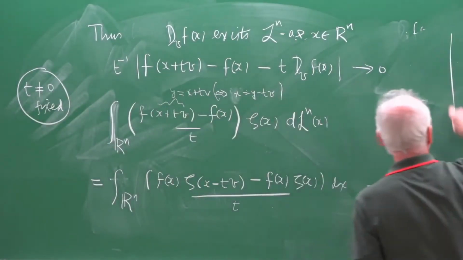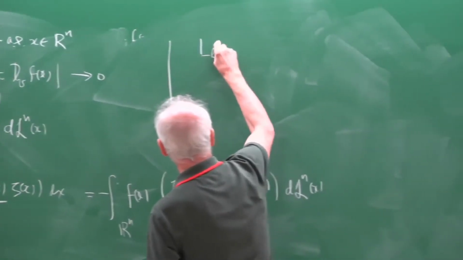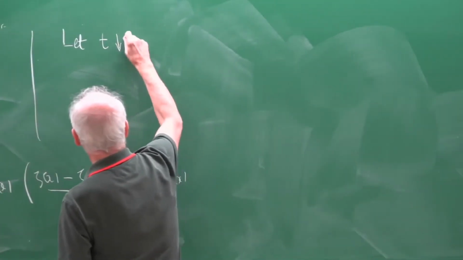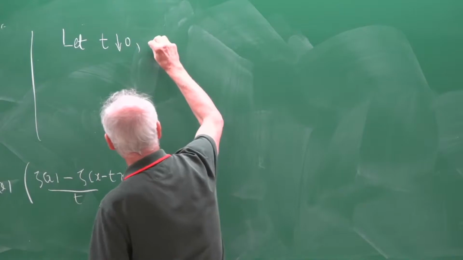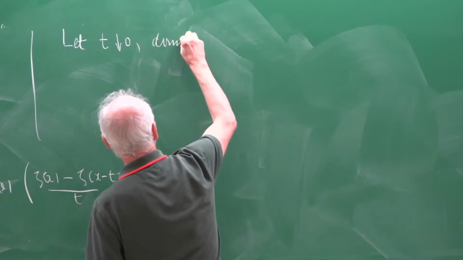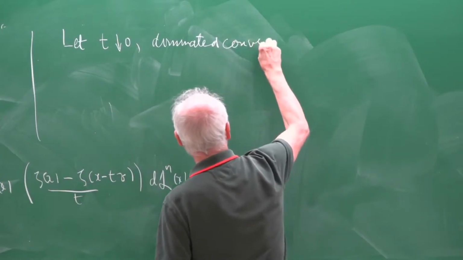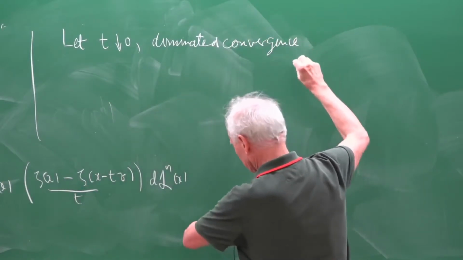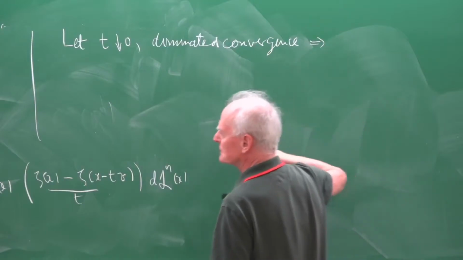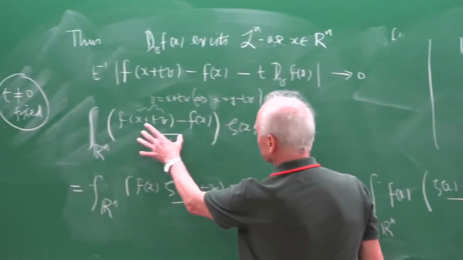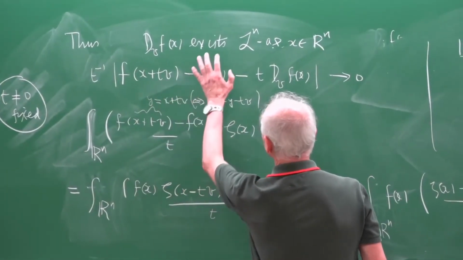So let t tend to 0 and use the dominated convergence theorem. Then that tells us that this becomes the directional derivative, dv, by definition.